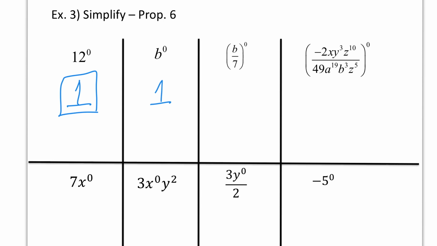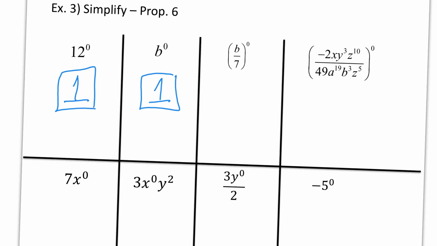Now, the next one does have a parenthesis. This fraction inside the parenthesis, b to the 7th power over 7, all of this you are going to raise to the 0 power. We learned a property that you can multiply the exponent outside times the exponent inside. Let me zoom in to show you.